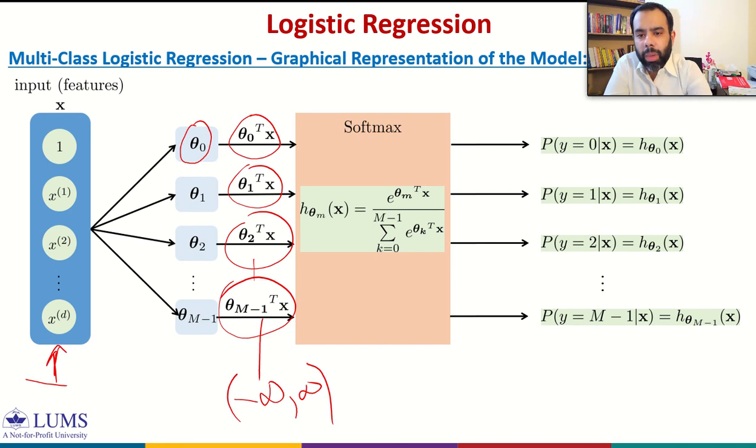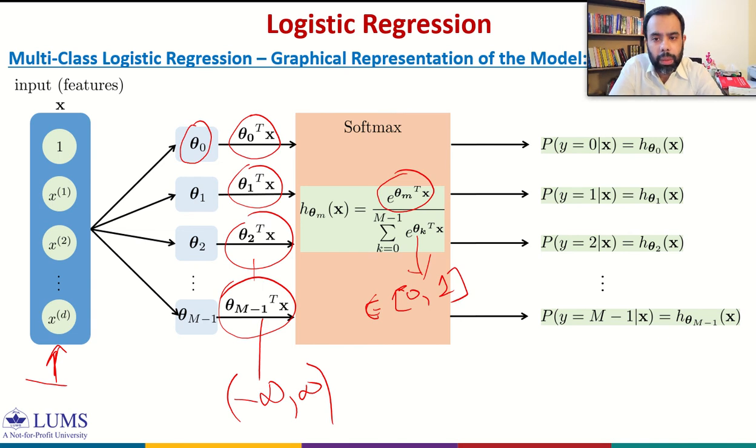In softmax, in the numerator we have an exponent, and in the denominator we have a sum of exponents. So it will always give you a value between 0 and 1, a closed interval.